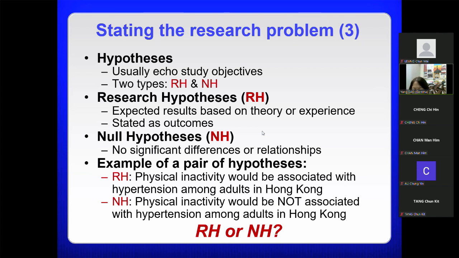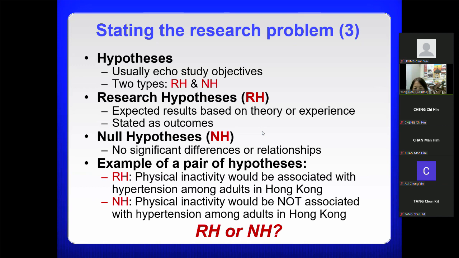And the author also gave the null hypothesis: physical inactivity would not be associated with hypertension in this sample.